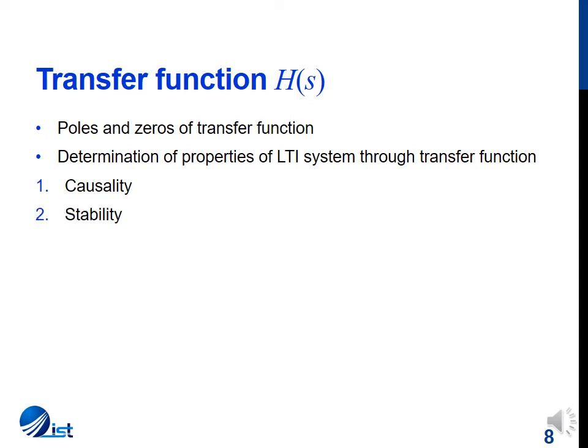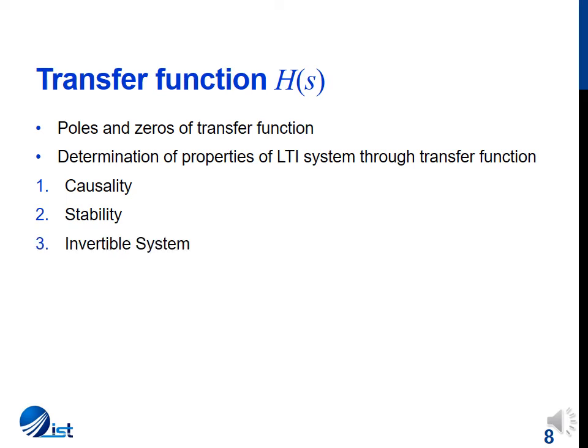Similarly, for stability, we saw that if the ROC contains the j omega axis, then we have a stable system. We considered a special case, which was for a causal and stable system. We saw that for a causal and stable system, the real parts of all the roots must be negative, or the roots must lie in the left half of the S-plane for a stable causal LTI system.